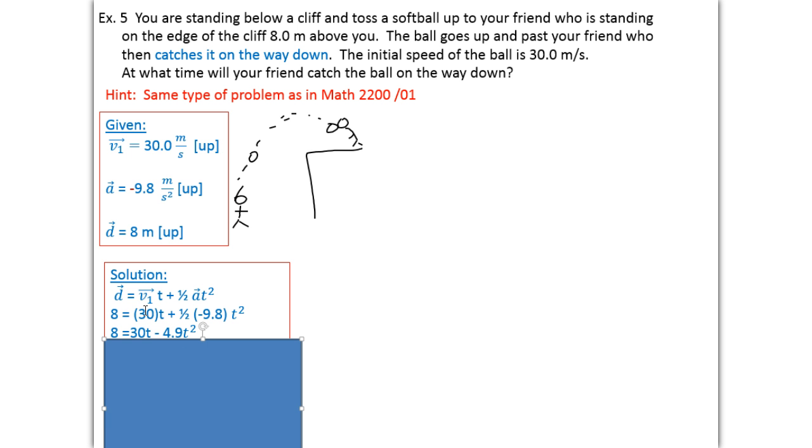Your distance is 8, your velocity is 30, you don't know time, a half, negative 9.8 t squared. A half times negative 9.8 is 4.9, that's 30t, and we really can't take it much further than that. So you're sort of stuck there.